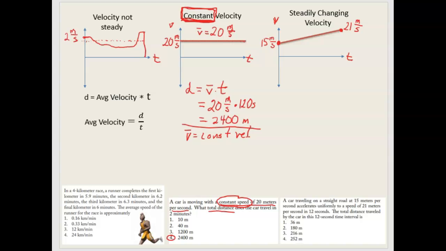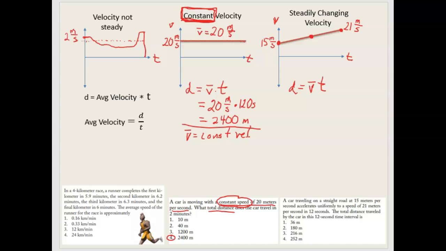What you need to know to use our good old formula, distance equals average speed times time, or distance equals average velocity times time: how can we figure out the average velocity in a situation like this? Well, when it's steadily increasing or decreasing, the average velocity is basically the midpoint between these two velocities.